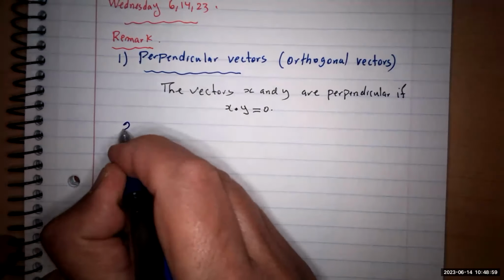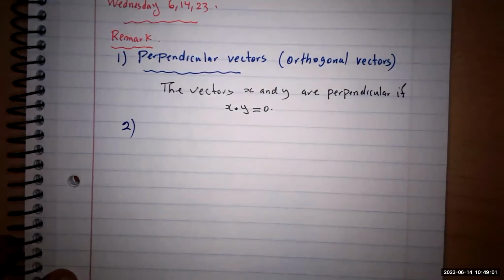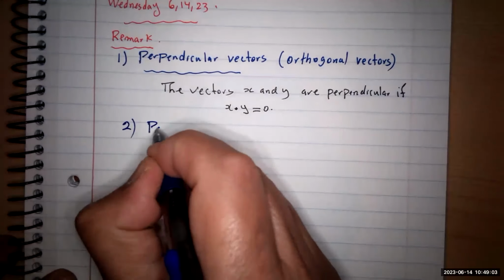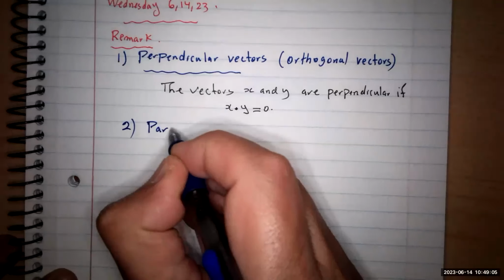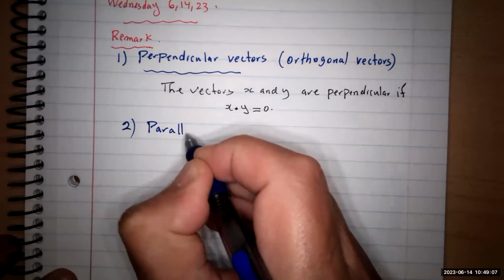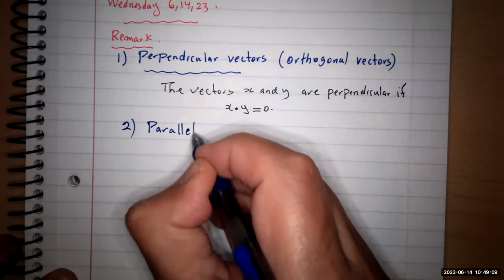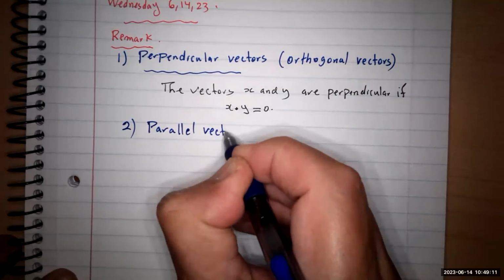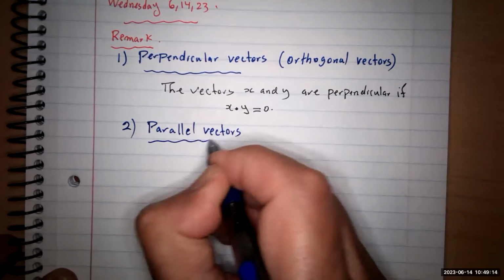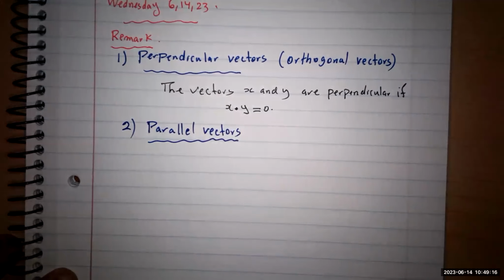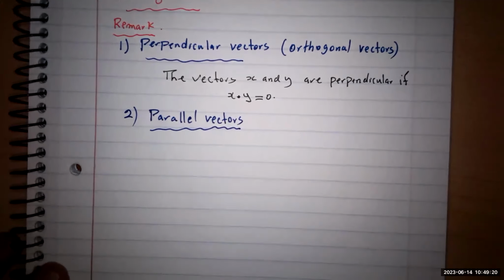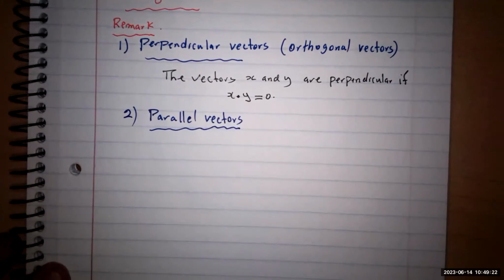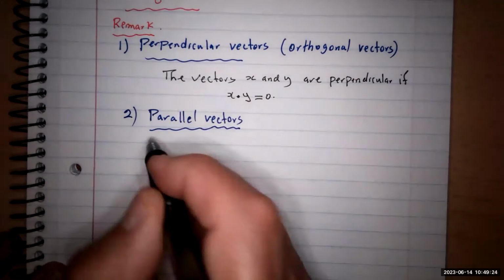And the second one is parallel. What are parallel vectors? You know that the angle is going to be pi. When the angle is pi, we talked about it the other day, one of them is a scalar multiple of the other one.